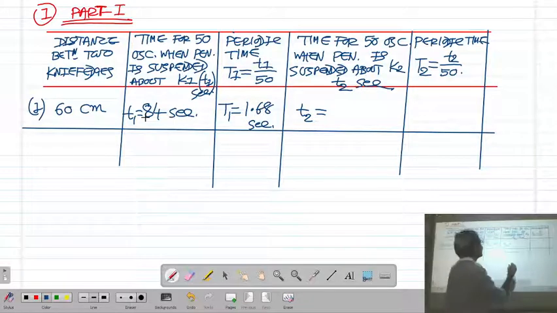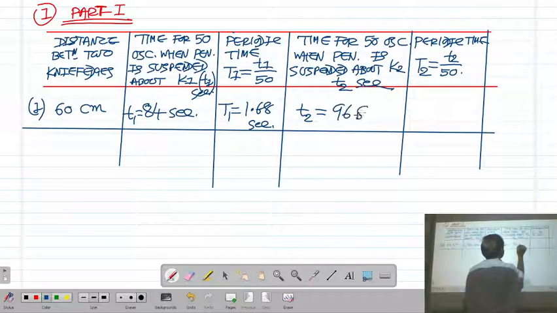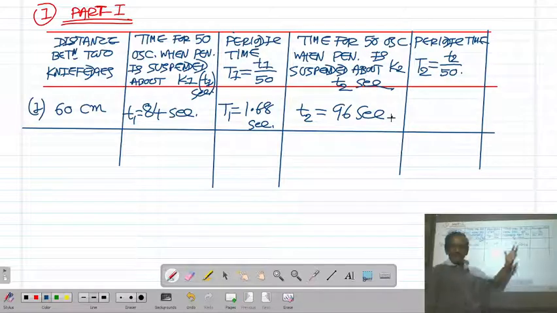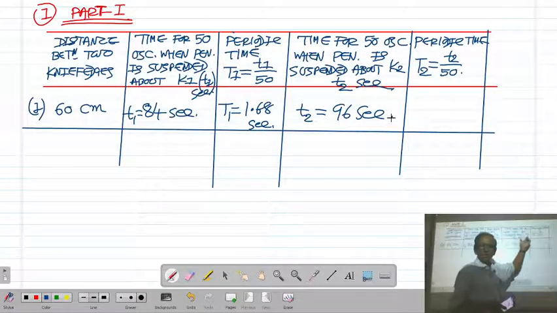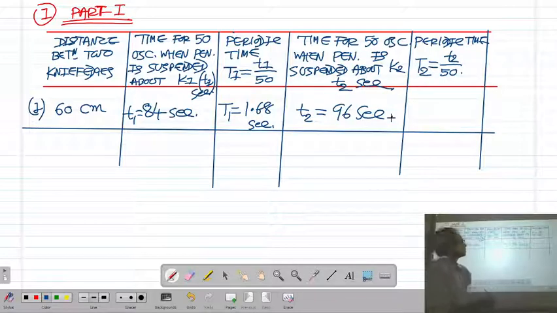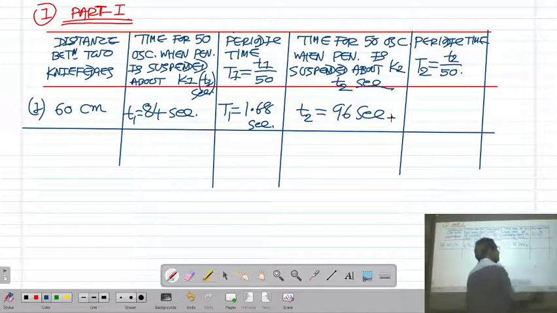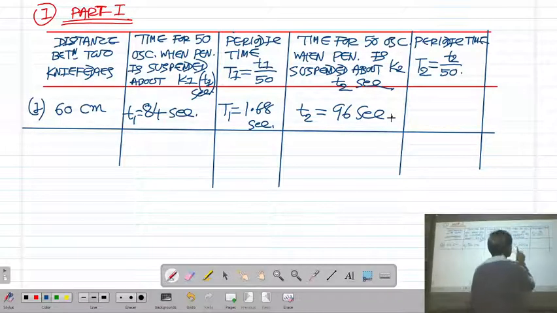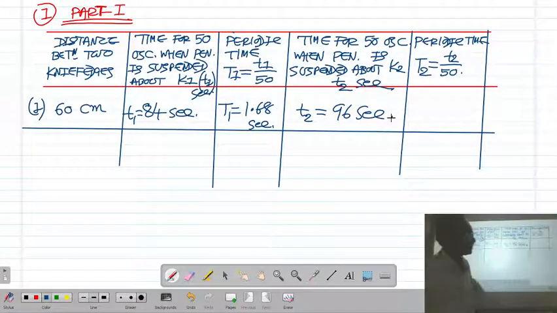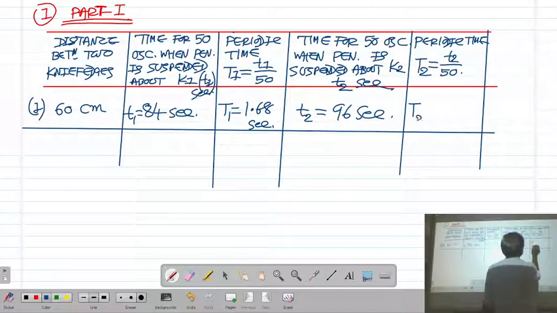Suppose it is 96 seconds. So 96 seconds is the time for 50 oscillations when the pendulum is suspended over the metallic knife edge K2. So periodic time T2 about the metallic knife edge K2 will be 96 upon 50, which will be 1.92 seconds.